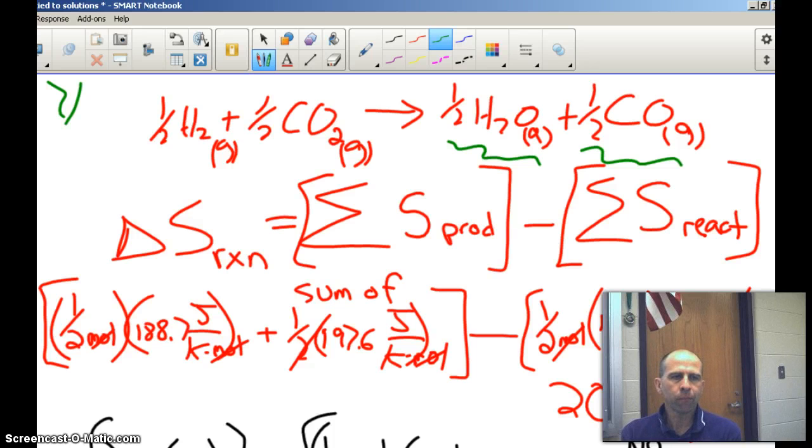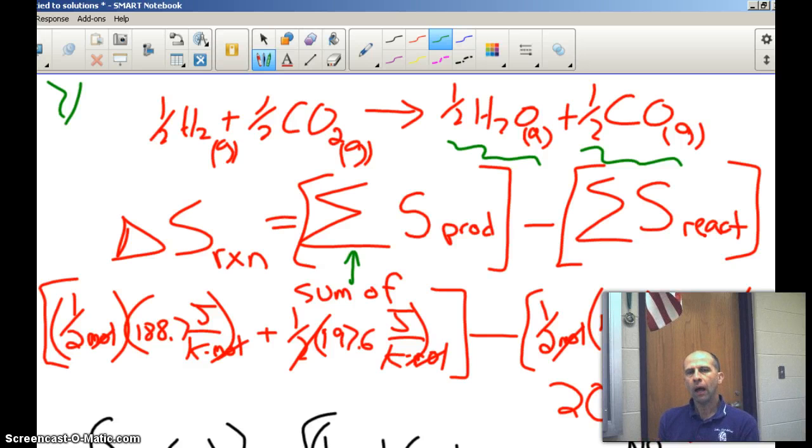And the delta S for this reaction, the change of entropy, doesn't really matter how you got from point A to point B. It just matters that you got there. So this symbol right here is a mathematical symbol that means the sum of. And what this is basically saying is this: add up all the standard entropy, add up the numbers for the entropy that are in your products.